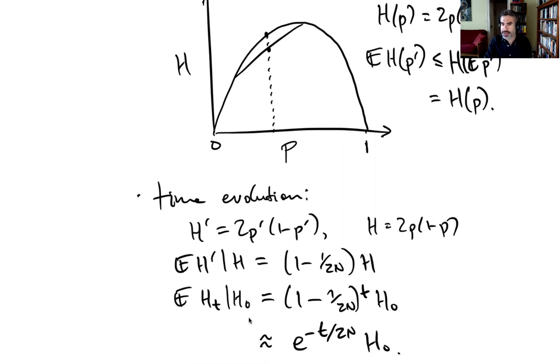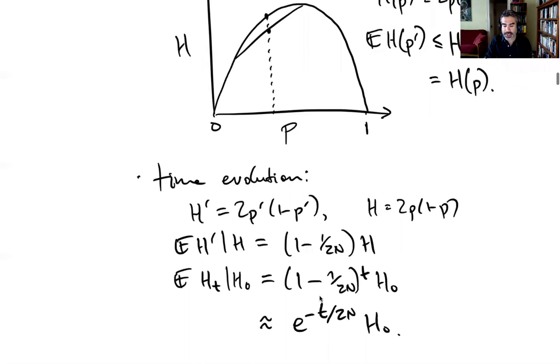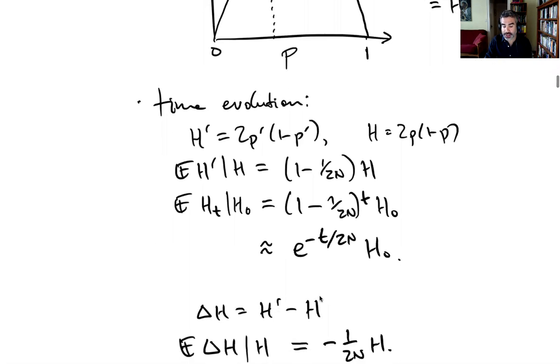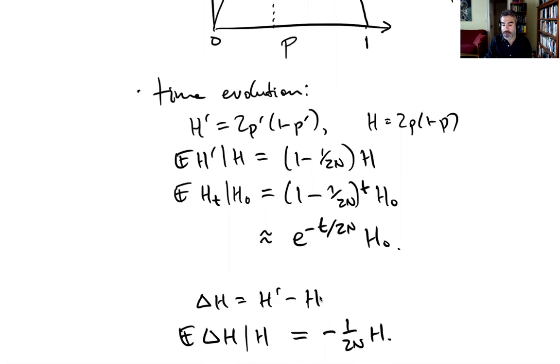You can put that slightly differently. The expected change in heterozygosity, expectation of delta h given h, is simply minus 1 over 2n times h, which says that the expected heterozygosity is lost at a constant relative rate of 1 over 2n. And if you pass to a continuous time differential equation, you again obtain the same exponential decay behavior.